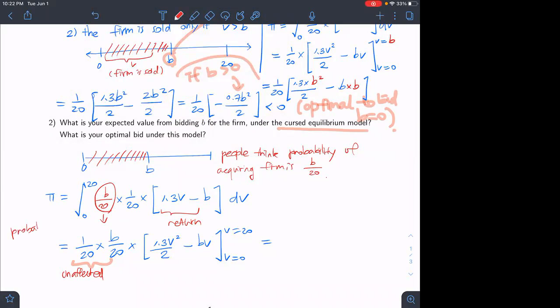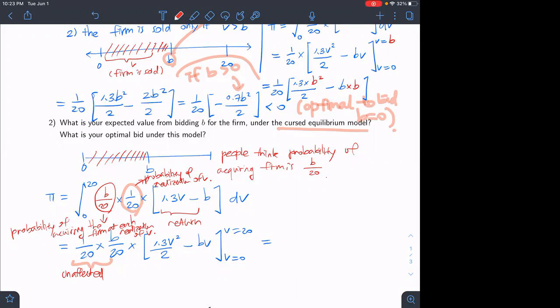This is like the probability of acquiring the firm at each realization of V. And then I think we also need to think about the probability of realization of V. So I think there are two layers of probability.